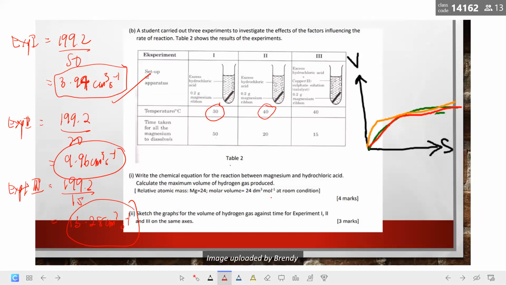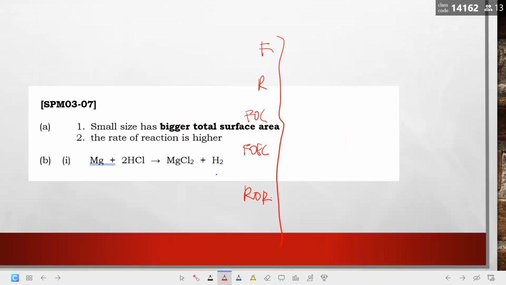Compare experiment 1 and experiment 2 using collision theory. The first are the factors, right, sir? Yeah. The factors are catalyst, temperature.